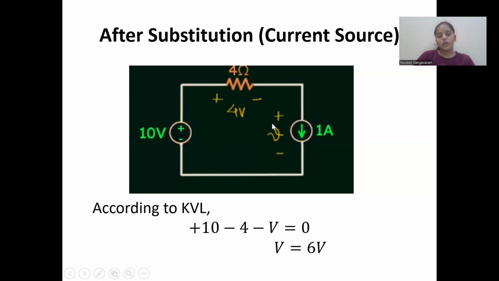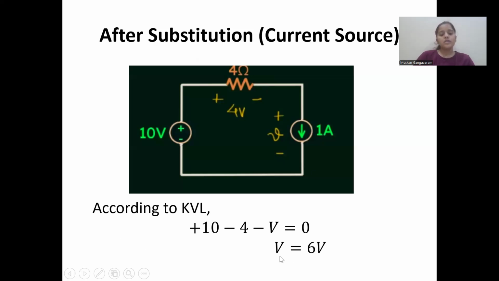Now, to calculate the voltage drop across the current source, we consider the voltage drop as V. Then, according to KVL, we write the equation as plus 10 volts minus 4 minus V is equal to 0. This we write with the help of KVL, which states that the sum of voltages and voltage drops across the circuit is equal to 0.